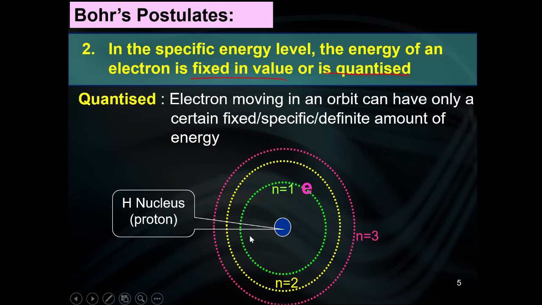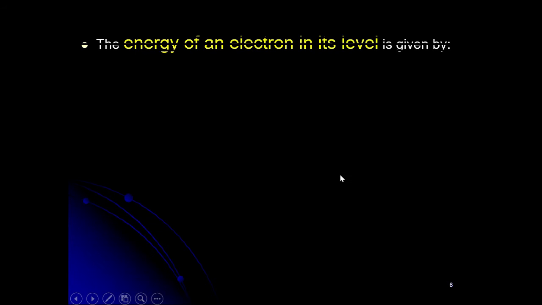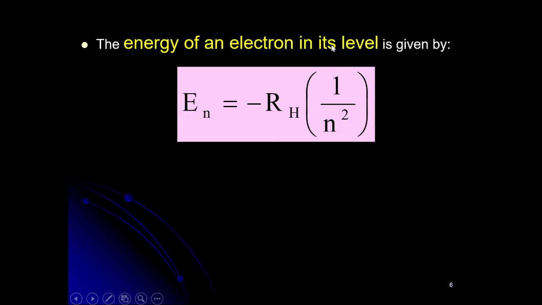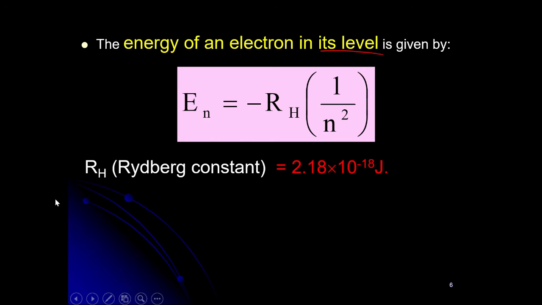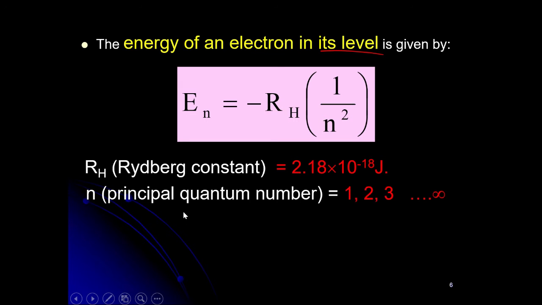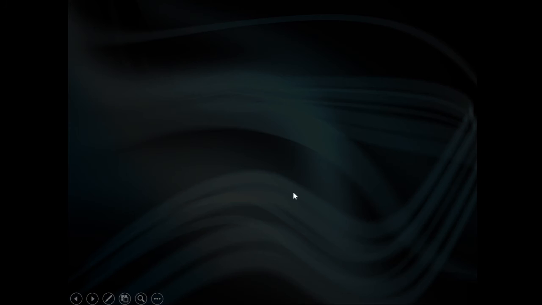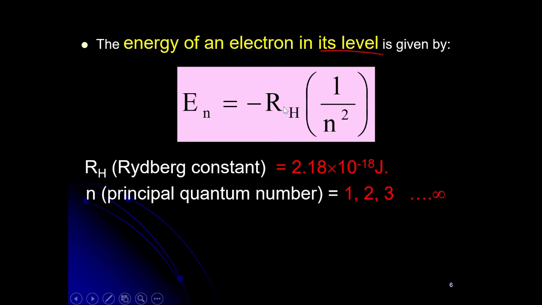The energy of an electron in its level is given by En equals negative RH times 1 over n squared, where RH is the Rydberg constant, so you don't have to memorize it. You just look at the constant given in front of your exam paper. Meanwhile, n is the principal quantum number, starting from 1, 2, 3 until infinity. So this is the formula.